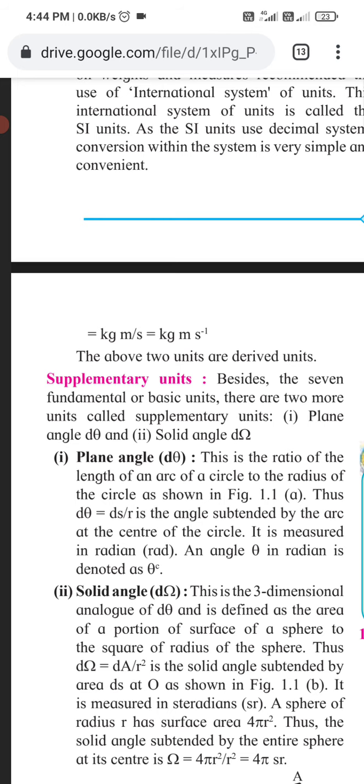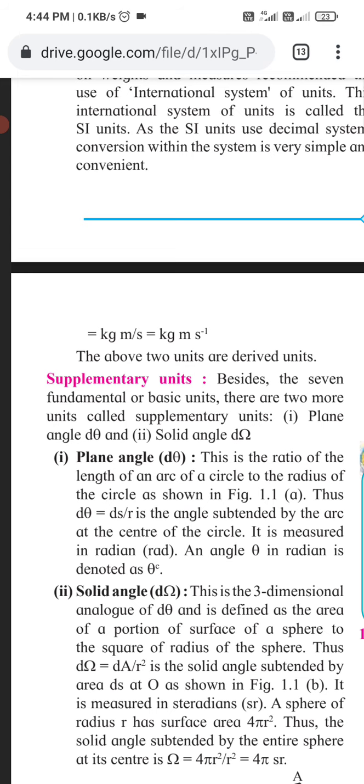Solid angle is the three-dimensional analog of d theta, and is defined as the area portion of the surface of a sphere to the square of the radius of the sphere. It is denoted by d omega. d omega is equal to dA upon r square, the solid angle subtended by the area.